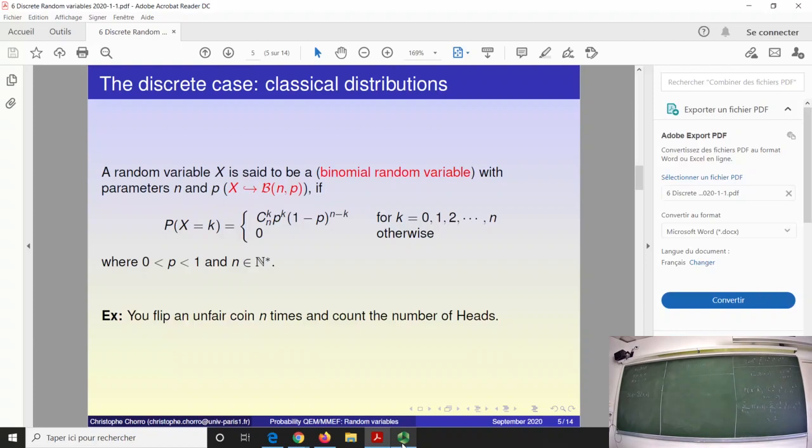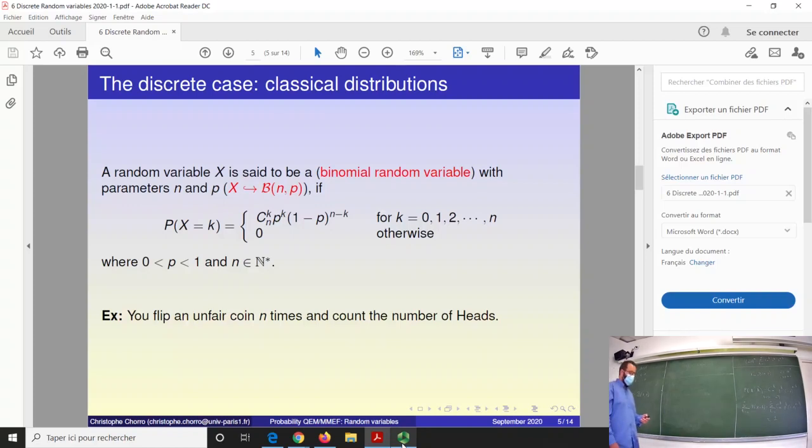Now two remarks. The first one: where may this distribution appear naturally in real life problems? Let me give you a particular example for such a distribution to occur, and in fact it's something that we have already seen together.